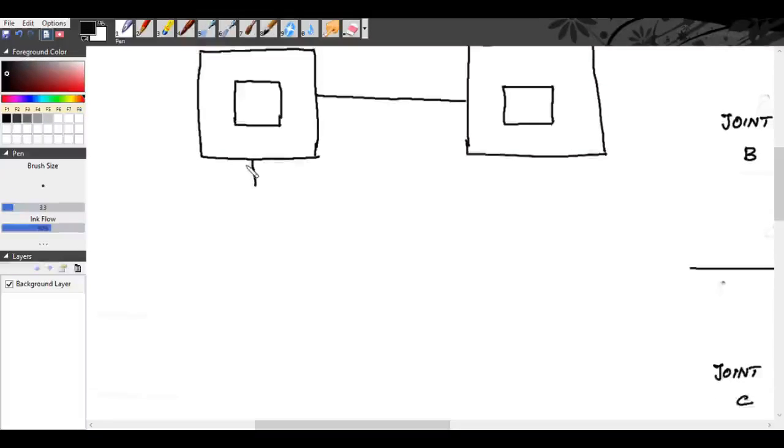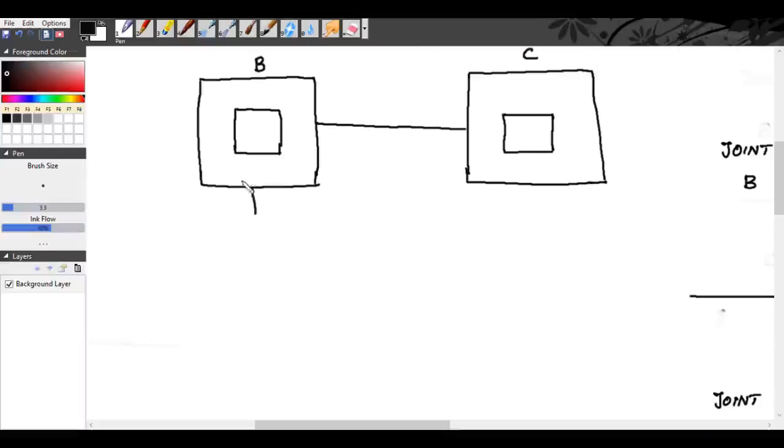So from B, we have the column A, and here we have the column D.